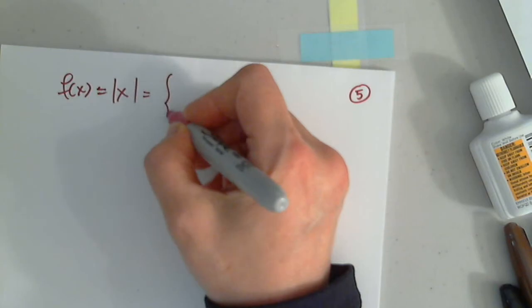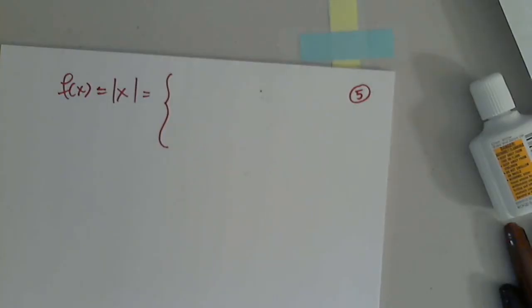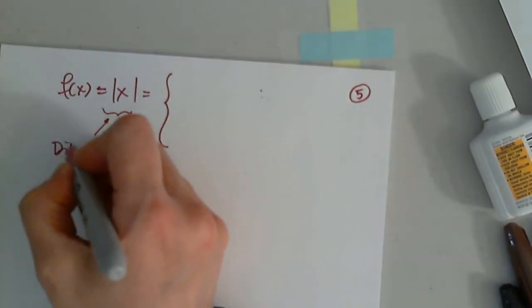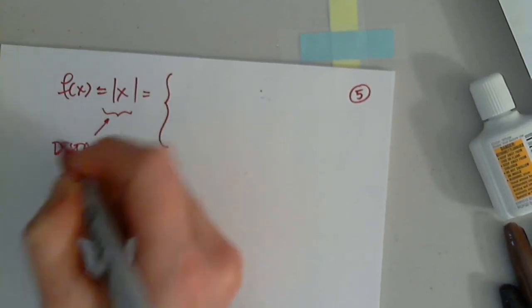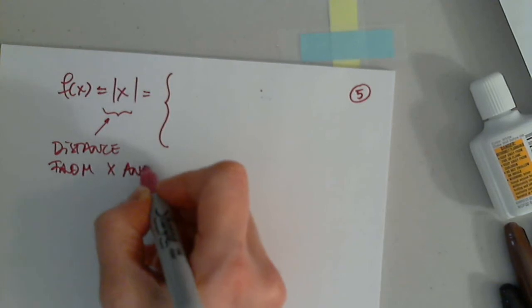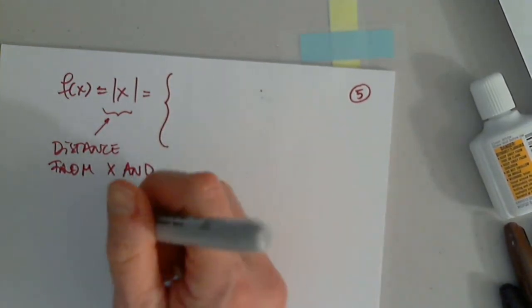Does anyone remember the formal definition of the absolute value? The distance from 0. That's correct. So this is the distance from x and 0, or between x and 0, I should say.